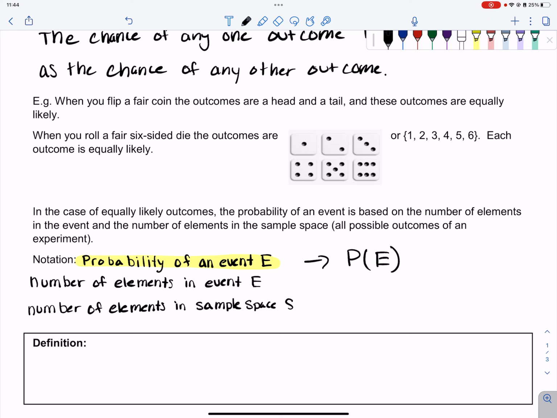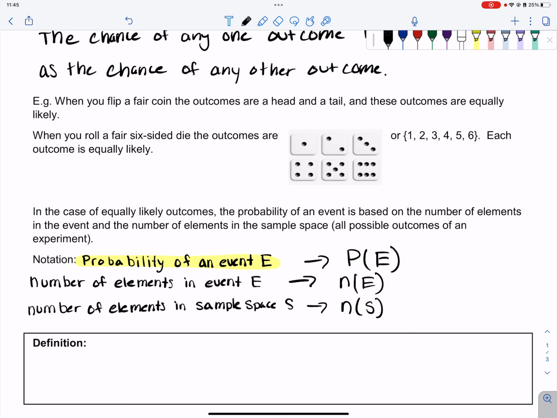Similarly, we are going to be talking a lot about the number of things in our events and sample spaces. So number of things in our event E, we're going to shorten that as being N of E. And then the number of elements in our sample space, we're going to shorten that to be N of S.